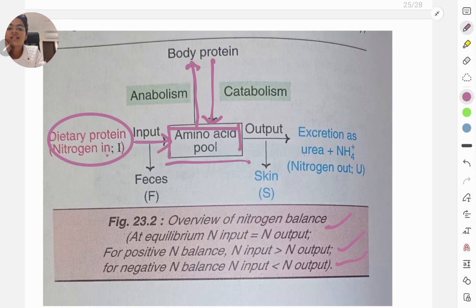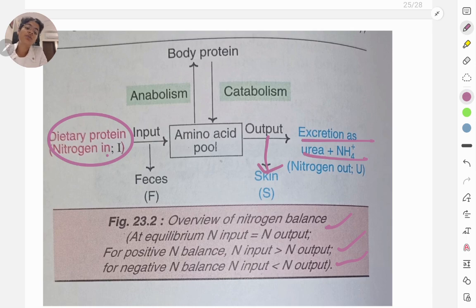I'm not saying they will be equal and balanced, but it varies, though such a thing happens. The quantity would vary in how much is anabolized and catabolized. Now, as they enter the amino acid pool, they get excreted out as urea through urine, or as sweat through the skin. Clear? And also as ammonium ion.